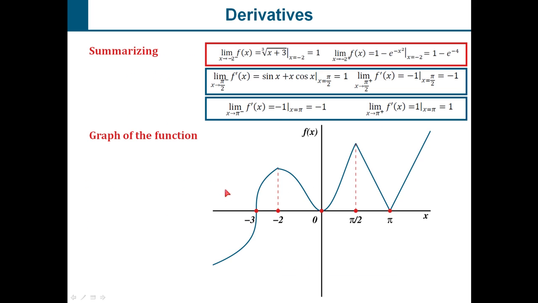Summarizing, the first derivative is not defined in minus 3. Moreover, it is not defined in minus 2, since there the function is discontinuous. Finally, the first derivative is not defined in pi over 2 and in pi. There the function has 2 corner points. This completes the exercise.